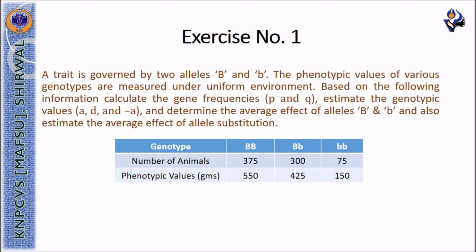Based on the following information, calculate the gene frequencies p and q, estimate the genotypic values a, d and minus a, determine the average effect of alleles dominant B and recessive b, and also estimate the average effect of allele substitution.